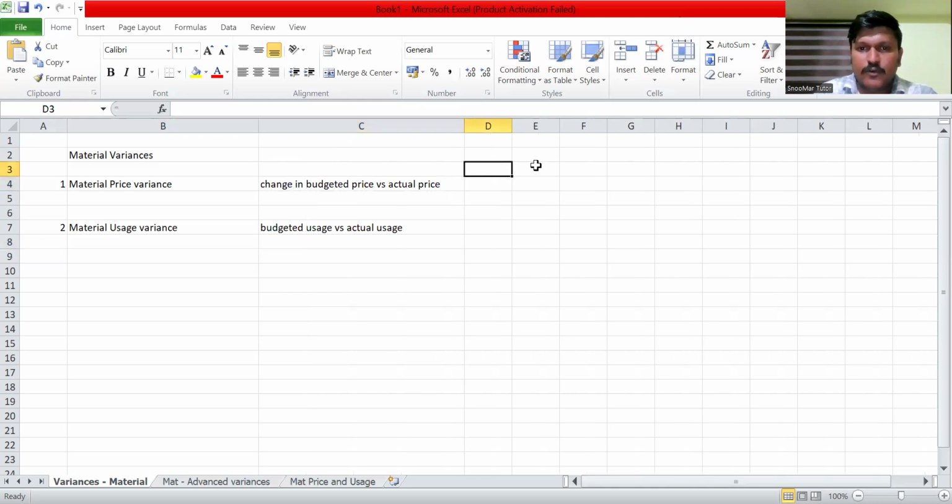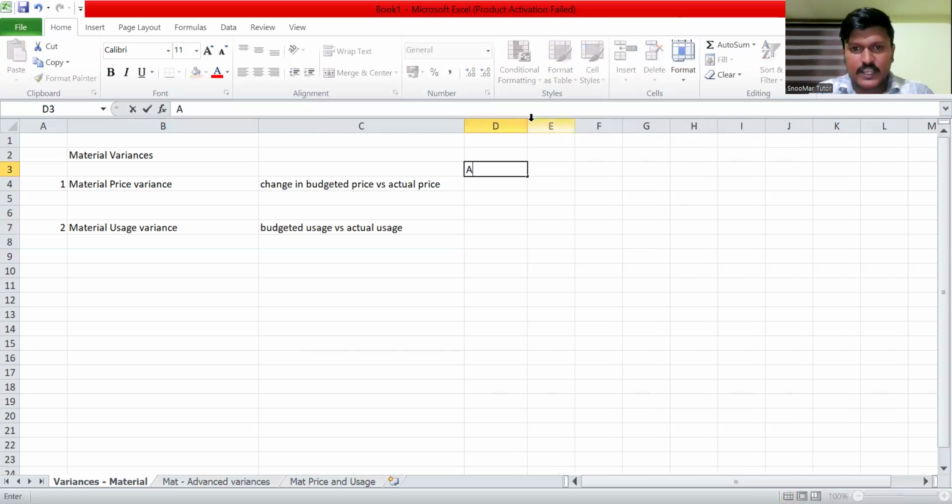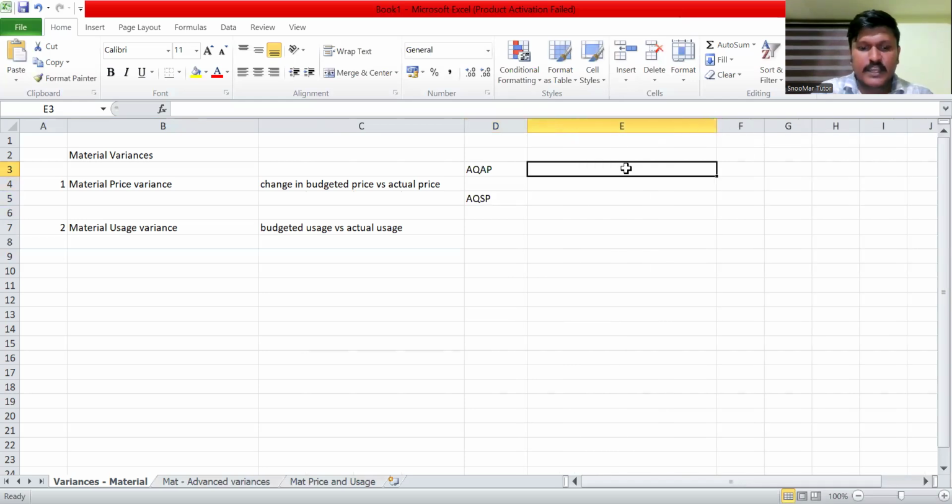So if you're following an approach here, it is AQAP versus AQSP. For explanation, that is the actual quantity at your actual price.